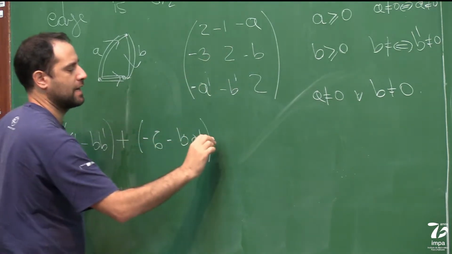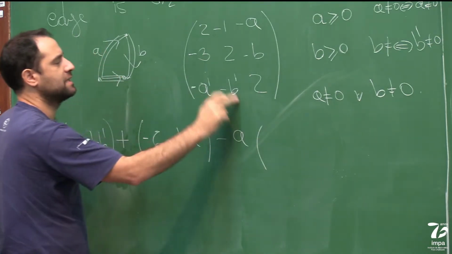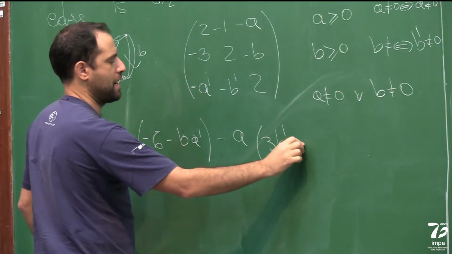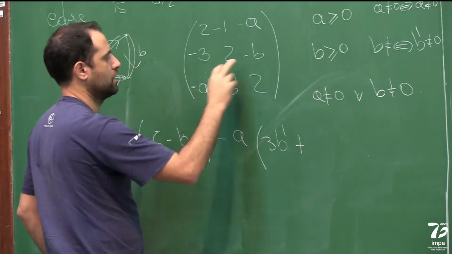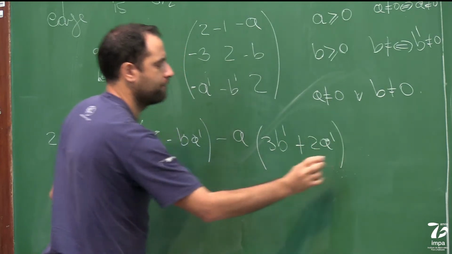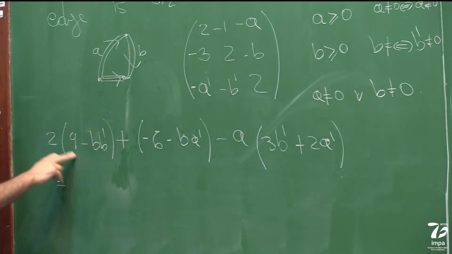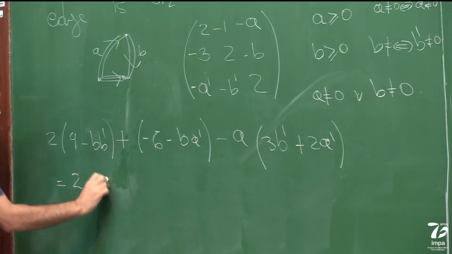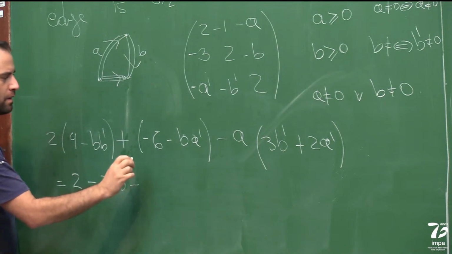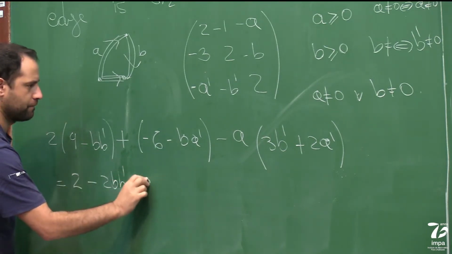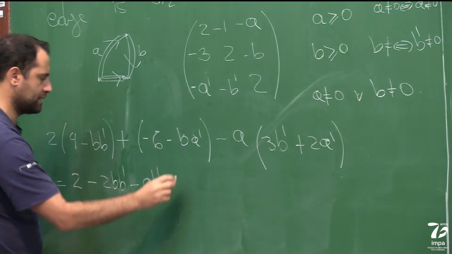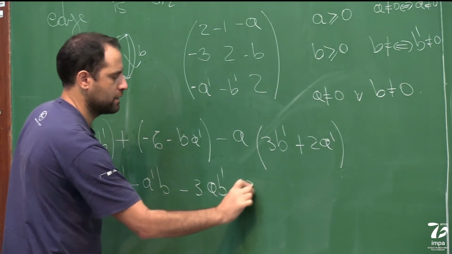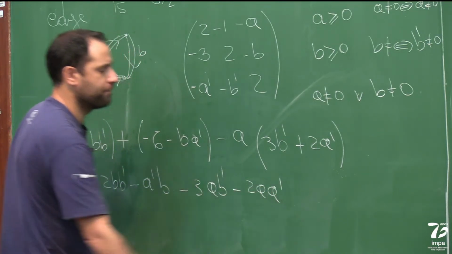Then we have plus that, so it's a minus A times this determinant, which is 3B prime plus 2A prime. So this is 2 times 4 is 8, minus 6 is 2, minus 2B prime, minus A prime B from this, minus 3AB prime, minus 2AA prime.